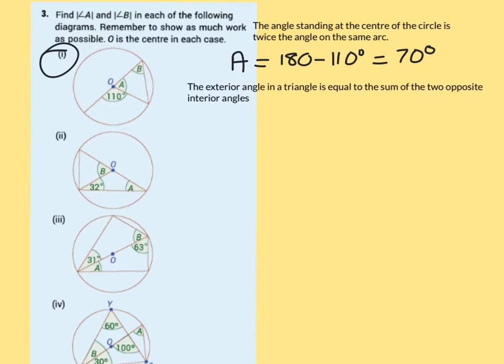The second thing that you need to be able to see, can anyone tell me what this line here and this line here are? In a circle, a line that goes from the centre to the circumference is called what?